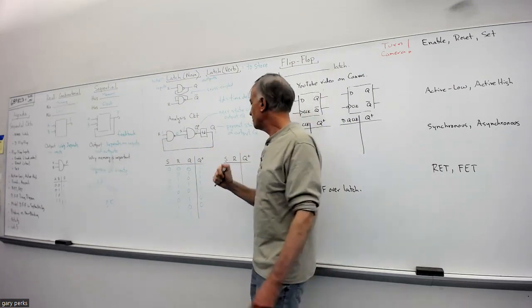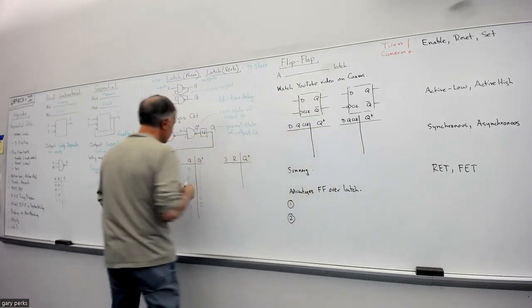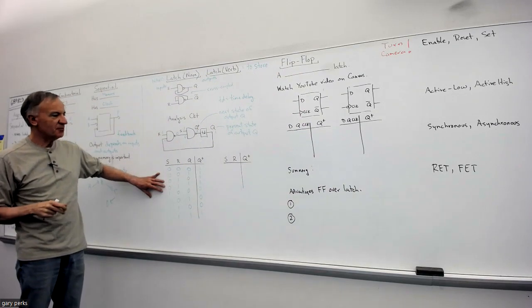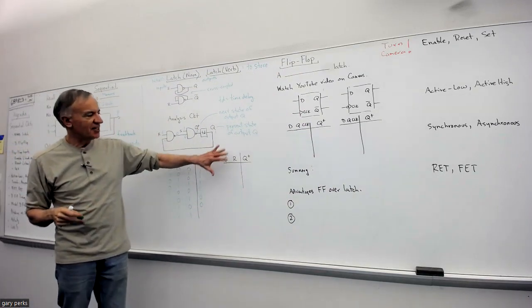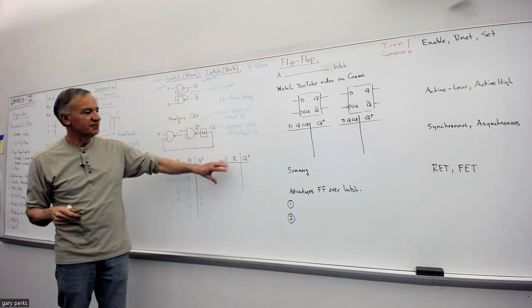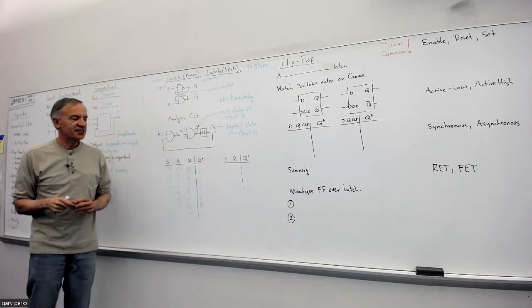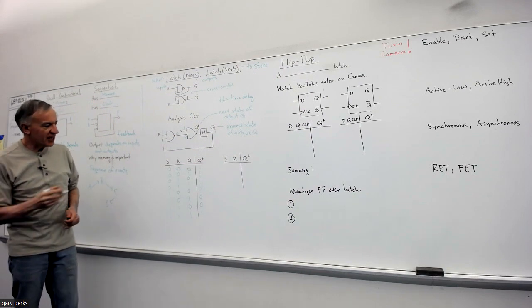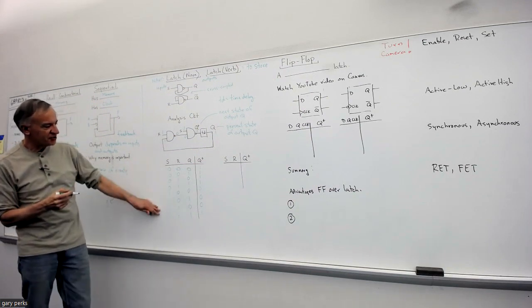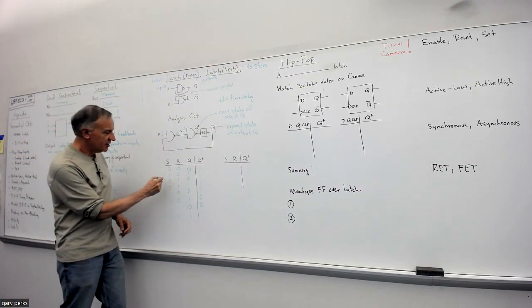Okay, so the next thing is we're going to take this table and put it into a slightly more compact form. We're only showing S and R and Q plus, the next state of Q. And the way we're going to do that is I'm going to partition this truth table every 2 rows.